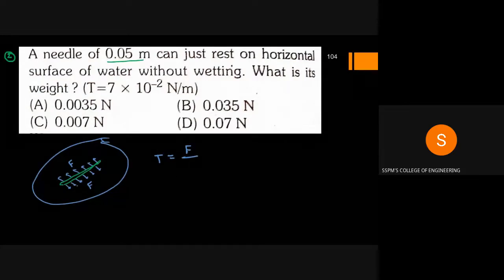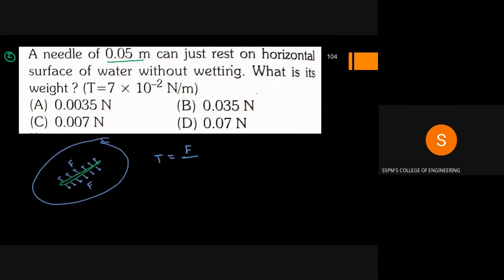Okay, so here the force will act from this side, length is L, again from this side its length will be L. Okay, so total length is 2L. So this force is nothing but weight, so it will balance the weight, so T is equal to W upon 2L, and weight is equal to T into 2L.